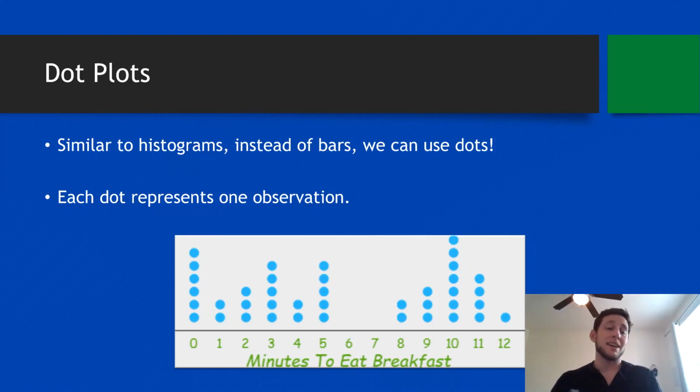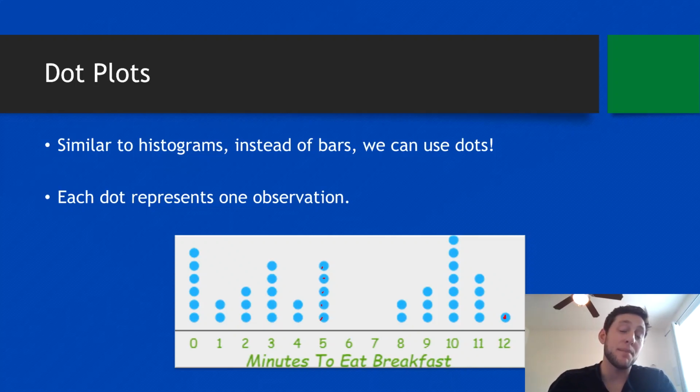So, for instance, in this kind of funny example, I represented minutes to eat breakfast out of a total number of observations, and each dot represents one different observation. So there were 5 times that it took me 5 minutes to eat breakfast. There were 0 times that it took me 6 or 7 minutes to eat breakfast. There was only 1 time it took me 12 minutes to eat breakfast, so on and so forth.